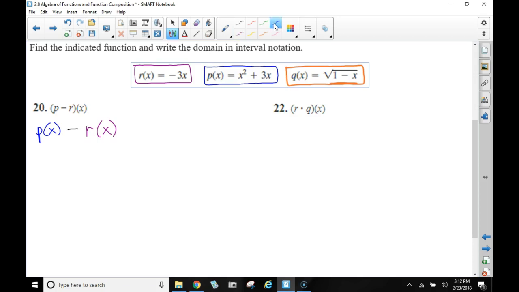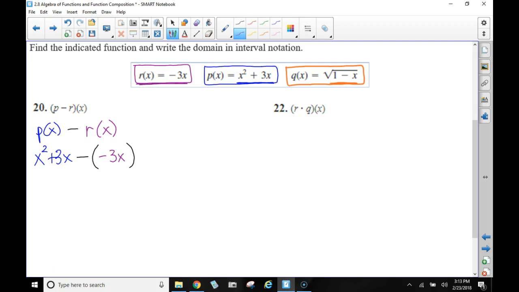What we are going to replace P of x with is what P of x is equal to. That is the x squared plus 3x. And from that, we are going to subtract. Now, I think it's a good idea to go ahead and put things that you're subtracting in parentheses so that just in case you need to run the negative through to multiple terms, you're ready to do that. But R of x is equal to -3x from right up here.